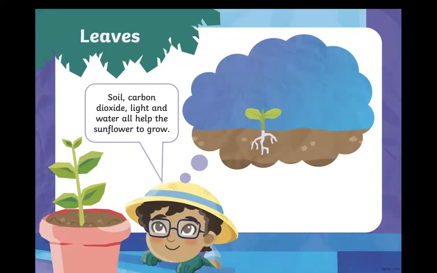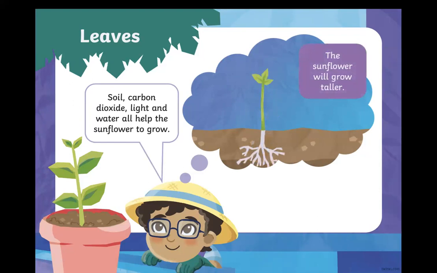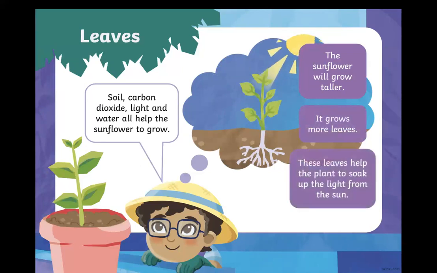So now we'll talk about the leaves. Soil, carbon dioxide, light, and water all help the sunflower to grow. The sunflower will grow taller. It grows more leaves. These leaves help the plant to soak up the light from the sun, to gather all that light coming from the sun.